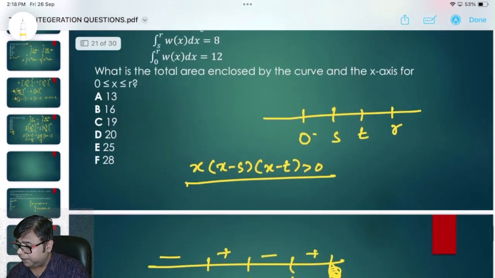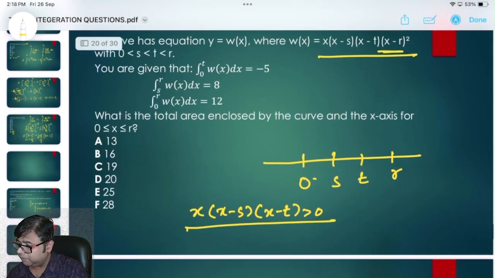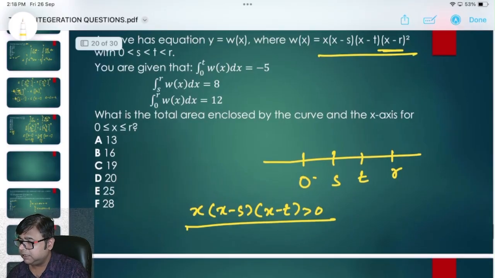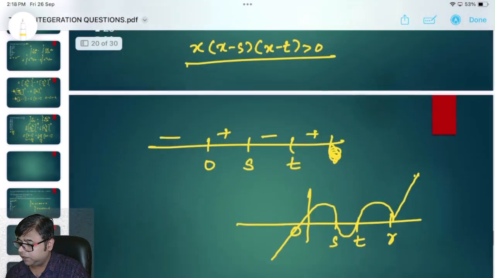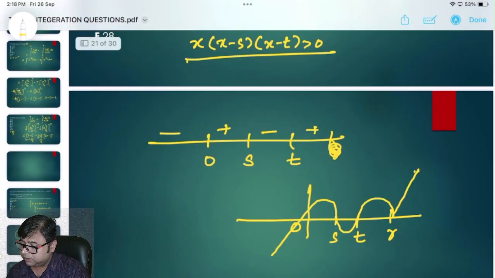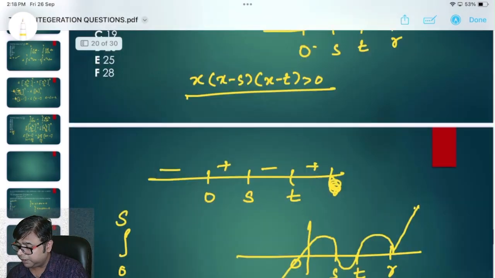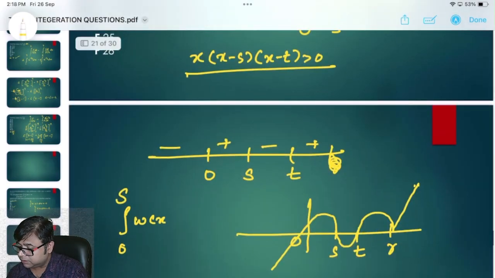Okay, so 0 to t is minus 5. What I have to understand is that 0 to t basically means 0 to s, 0 to s wx dx, applying the property since s is there in the middle.